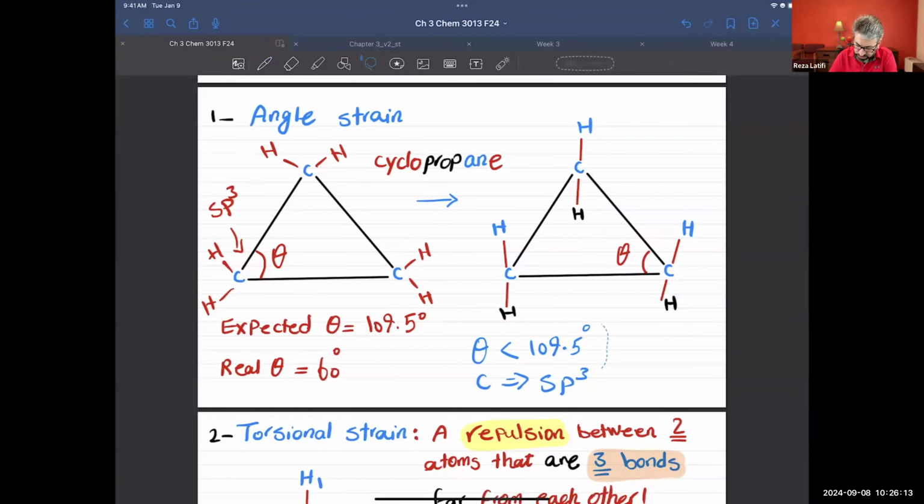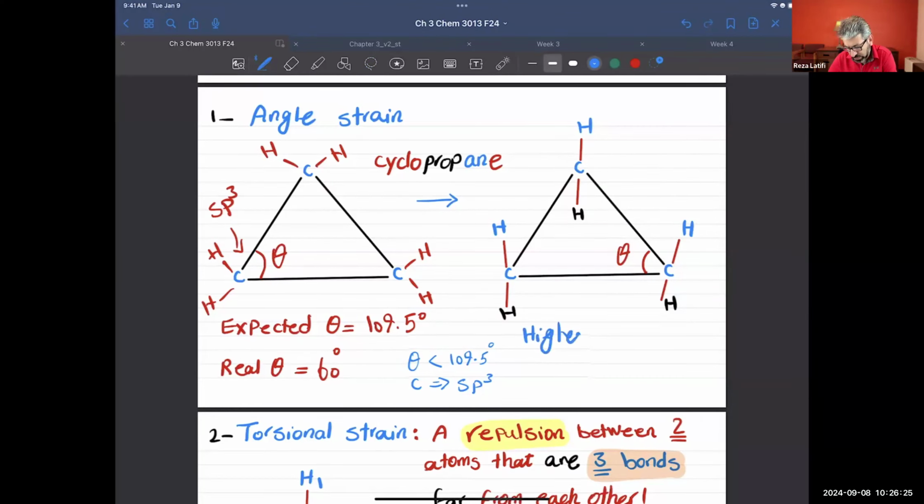So I'm going to reword whatever I said. Higher potential energy is going to be equal to less stable.